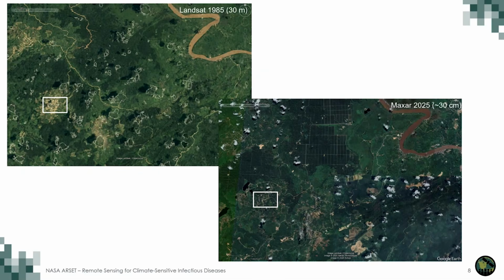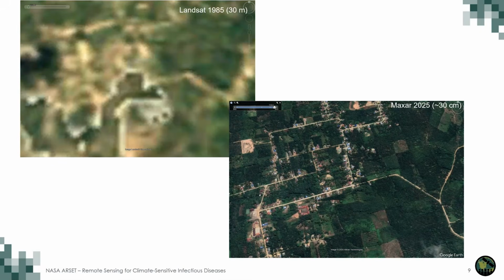But again, if we zoom to the extent of this white box, you can tell the difference in detail between the two satellites is drastic. And that's what different levels of spatial resolution give us. We are now at the point where we can look at individual households, essentially, and from the individual households all the way to the global daily observations at all different granularities.